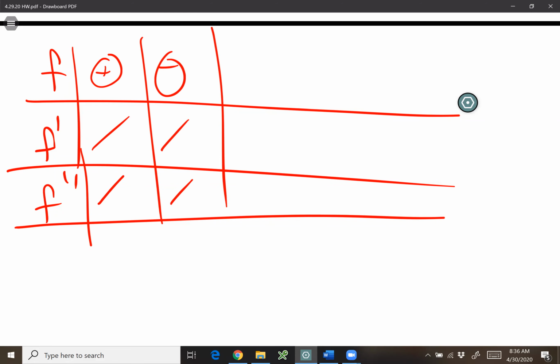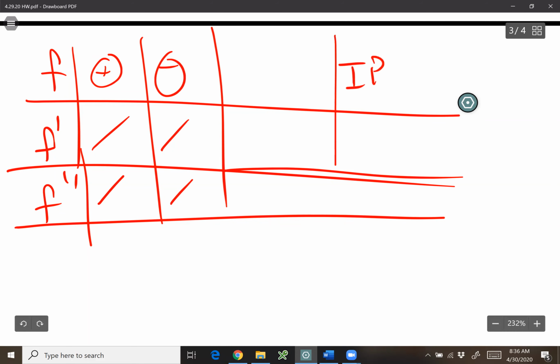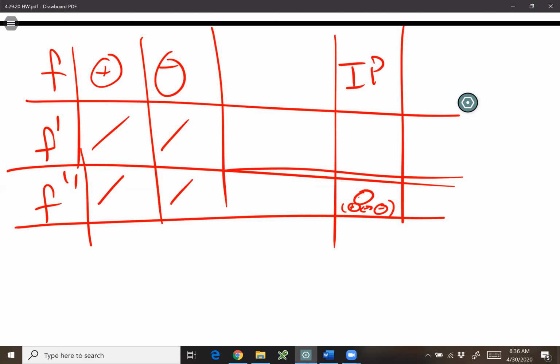Well, for inflection points, f had an inflection point when f double prime was 0 and changing from positive to negative or vice versa. So this was when f prime basically has a critical point, meaning it's at a max or at a min for the f prime graph.